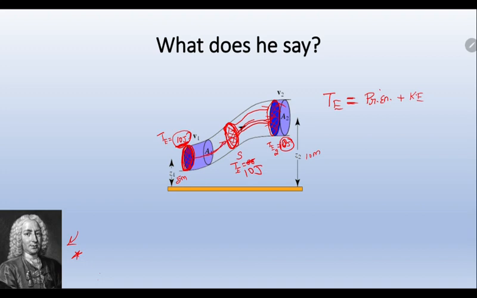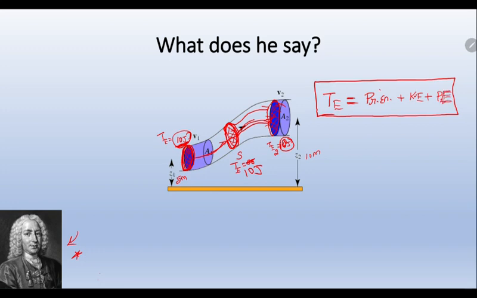Plus, since they are all at an elevation, they also have some potential energy. Plus they also have some thermal energy, but we assume that there is no heat going inside or outside of the system. So the total energy in a fluid is the pressure energy plus the kinetic energy plus the potential energy.